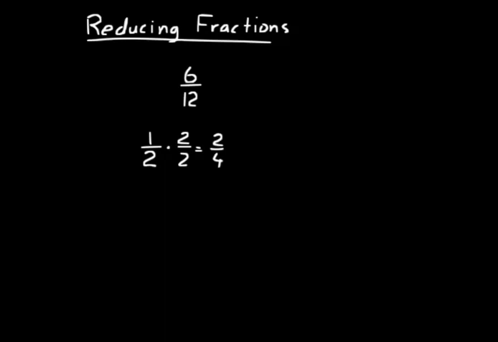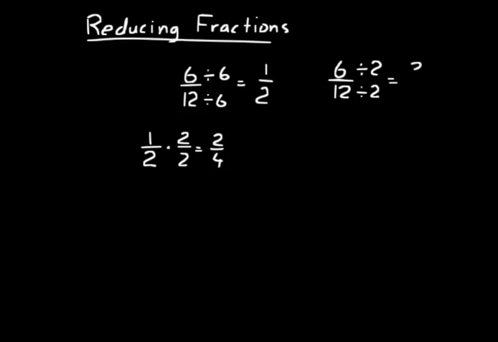Now to reduce fractions, you basically do the opposite of what you've been doing to find equivalent fractions. For example, 6/12, what we did there was we divided above and below by the same value. 6 divided by 6 is 1. 12 divided by 6 is 2. And we could also, let's just do it over here, we could also divide above and below by 2.